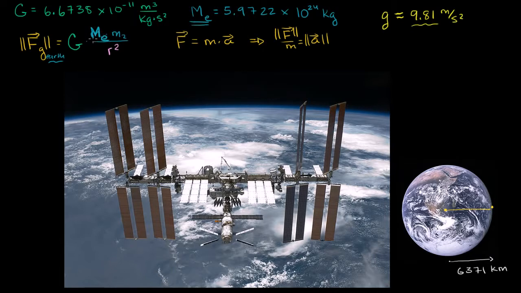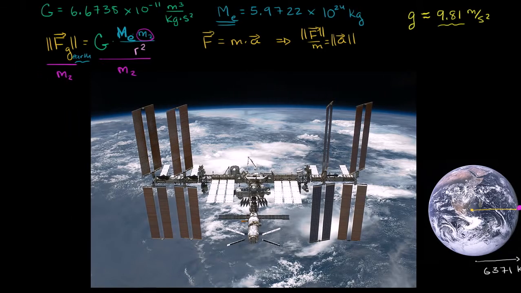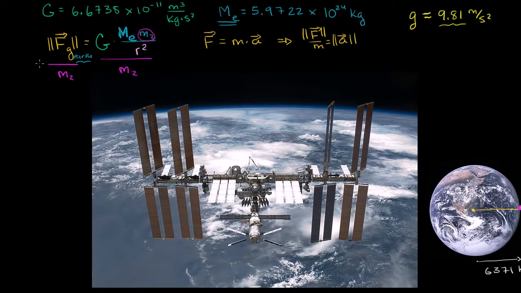And if you wanted the acceleration due to gravity at the surface of the Earth, you would just have to divide by the mass that is being accelerated due to that force. In this case, it is the other mass, the mass that's sitting on the surface. So let's divide both sides by that mass. And this will give us the magnitude of the acceleration on that mass due to gravity.